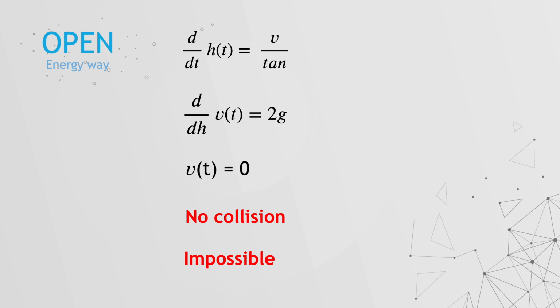And we get v of t squared divided by dh equals 2 times g. And in this formula, we get v of t equals 0. And this is impossible. And we also consider no collision in this.